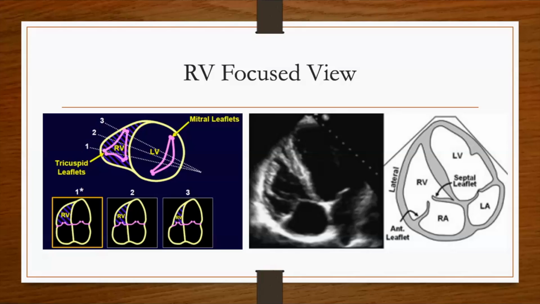The benefit for TAPSE and RV S prime is to be parallel to that focus angle so that you don't underestimate them. You can play with a little bit of rotation to get the largest RV diameter while keeping the LV apex.